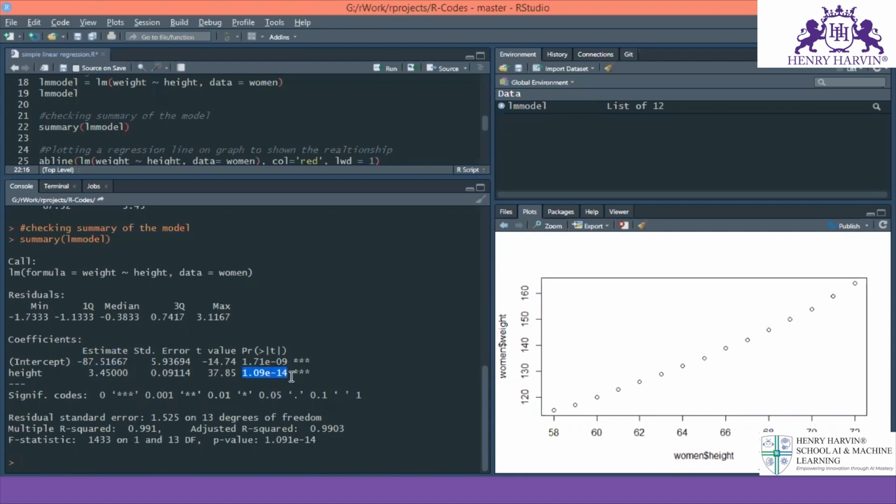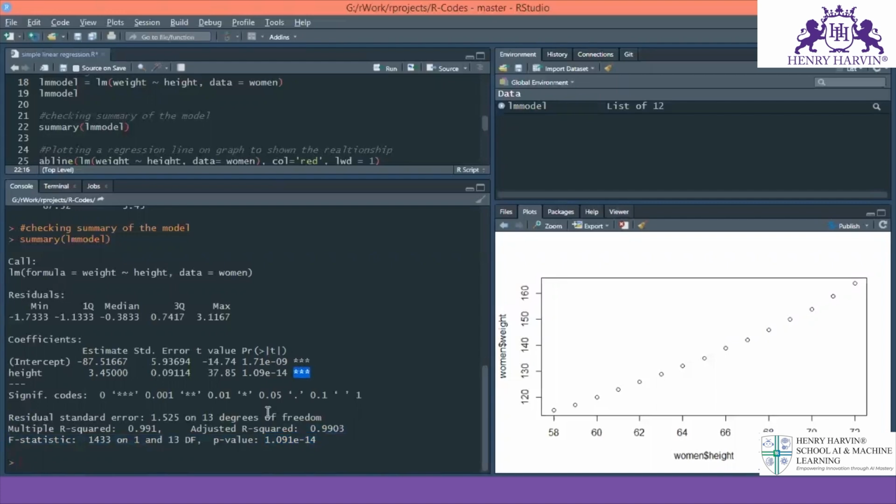The p value is very essential to understand in a model, as it tells you if your model is built significantly or not. Whenever you are building a model, it should be less than 0.05, which tells that your model is significant. There are two kinds of p-values. One is for the factor and the second is for the whole model. Both should be less than 0.05 in order to make it significant.